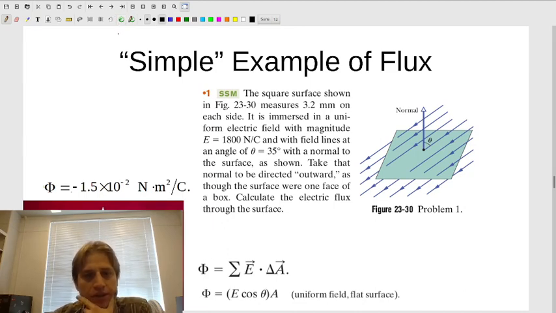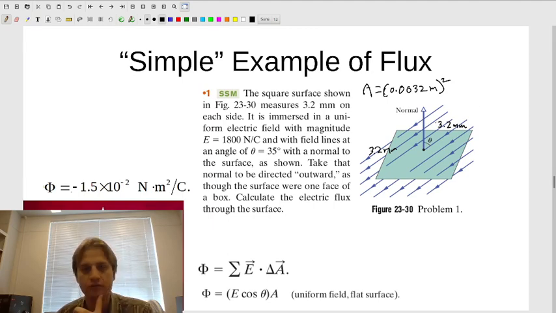So sometimes in your book they'll give you kind of a tricky example like this one. It says the surface shown measures 3.2 millimeters on each side. So you've got 3.2 millimeters by 3.2 millimeters. So you can go ahead and find the area of one of those sides, which would be 0.0032 meters squared.